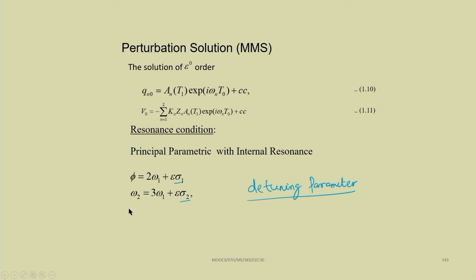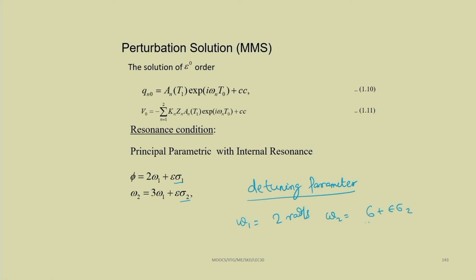For example, let omega 1 equal to 2 radian per second. In that case omega 2 will be equal to 3 times that, that is 6, plus minus epsilon sigma 2.